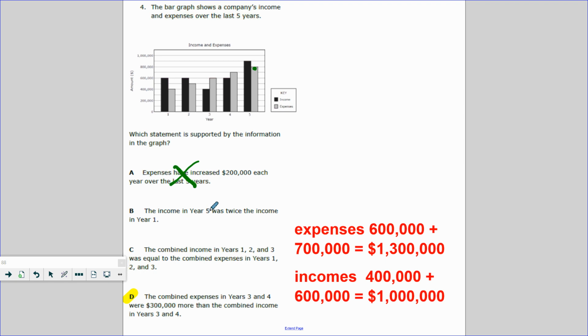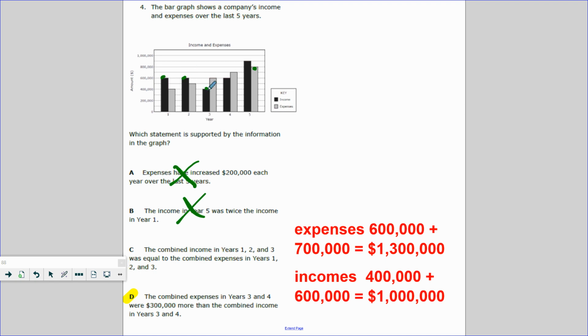The income in year 5, that's this one right here, is twice the income in year 1. This is 600,000. What's twice 600,000? Twice 600 is 1,200. This is less than 1 million. So no. The combined income in years 1, 2, and 3 is equal to the combined expenses in years 1, 2, 3.